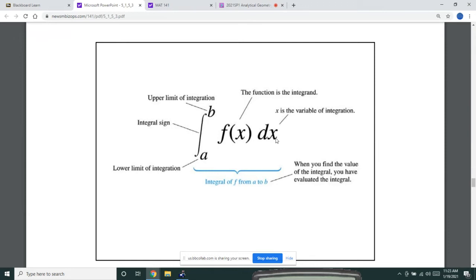All right, so our integral symbols are either going to carry a dx or a dy. We also have what's called infinite integrals, and infinite integrals do not carry limits of integration. But before we talk about those infinite integrals, we're going to talk about definite integrals.